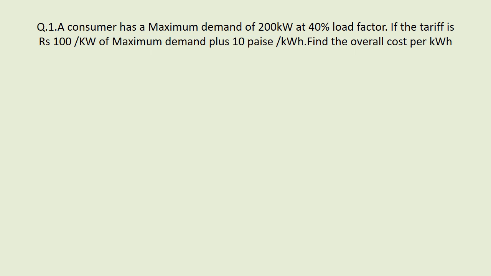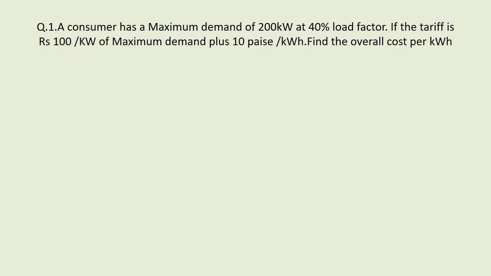So I have discussed that your tariffs are dependent on some quantities like kilowatt, kilowatt hour, and kVA. So those are the constants in the previous lecture. If you don't know those things, I have already discussed them. Just see it and then come to this problem, otherwise you won't be able to understand.